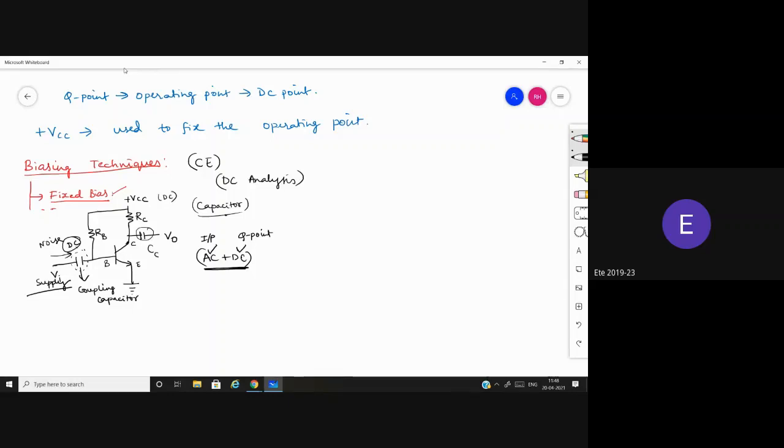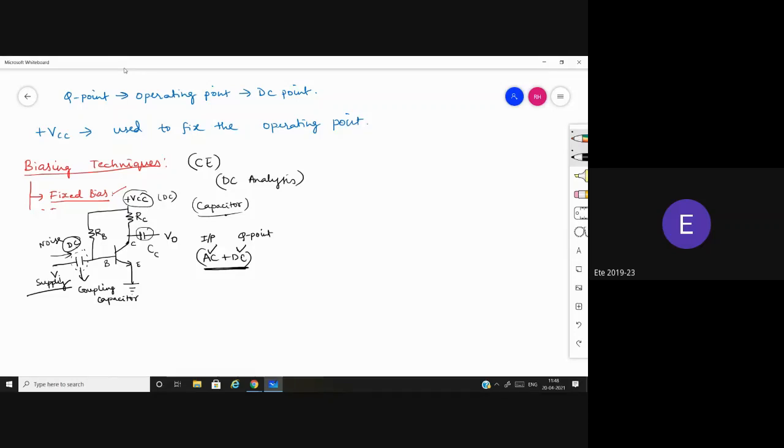Since we are giving a pure AC signal at the input by filtering it, we expect the same pure AC signal at the output, but since we are using plus VCC, we might experience some DC component. To filter out that unwanted DC signal, we are using this coupling capacitor at the output. So we are filtering DC here, and we are filtering DC here. That's why we are using this.